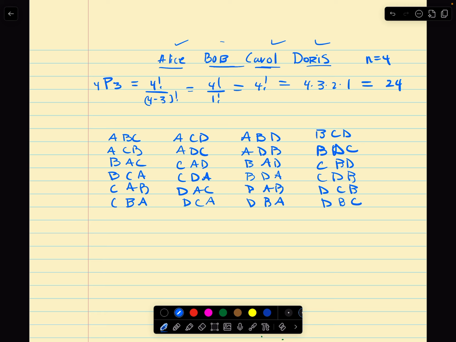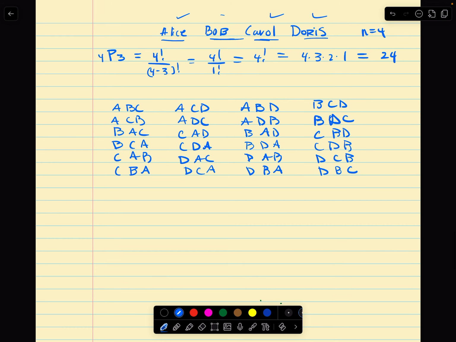Now, what if instead I wanted just groups of size 3 from these 4 distinct objects? So I don't want to account for order. So if I want to find all groups, so groups, unless you're assigning a position to a member of the group, groups are an unordered set.